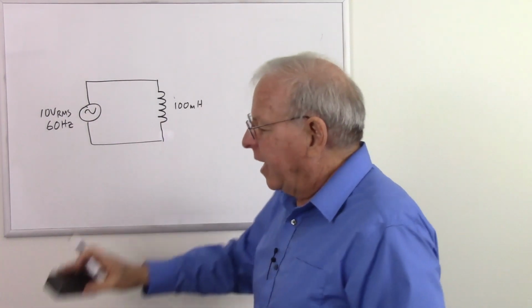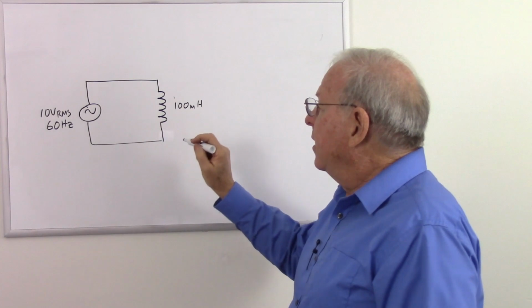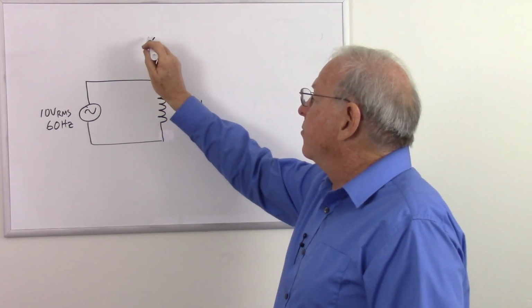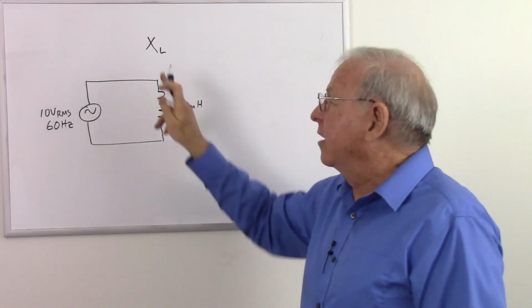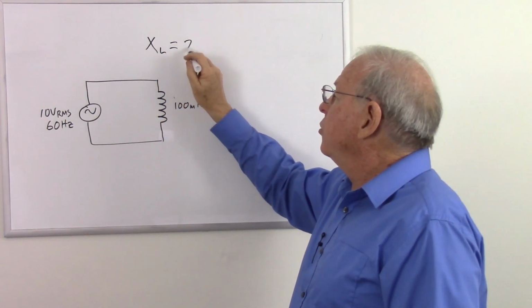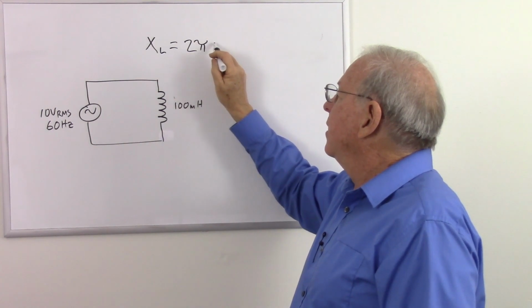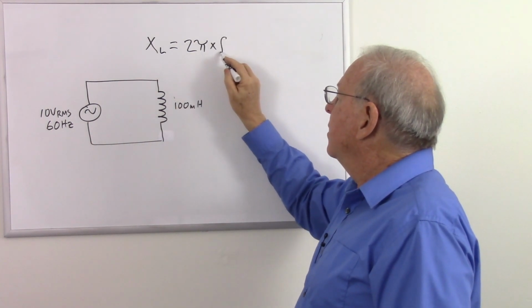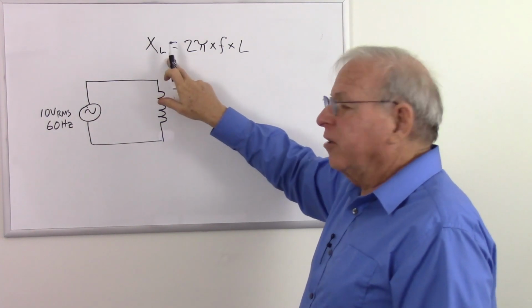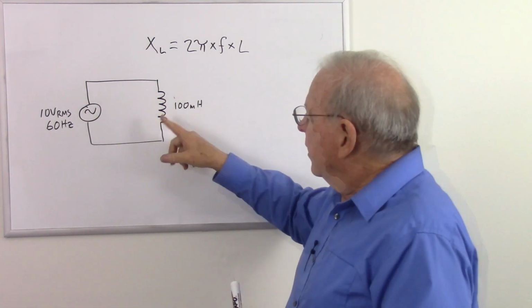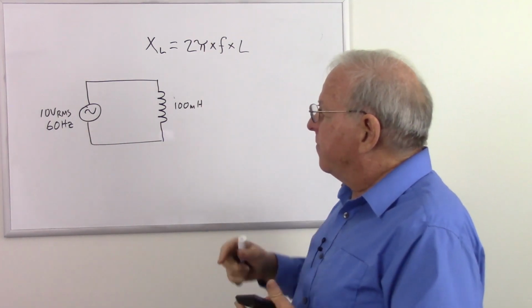But we can calculate what it's going to be, and we represent our reactance by X. And I'm going to put a little subscript L there. X sub L equals what? 2 times pi times our frequency times our inductance. So X sub L equals 2 pi FL. So I can calculate my opposition to current flow with that fairly simple formula.